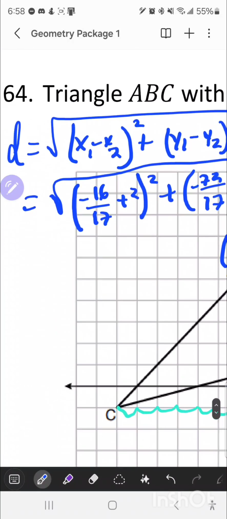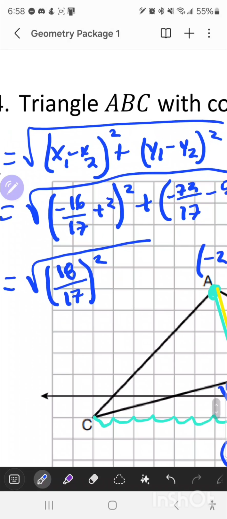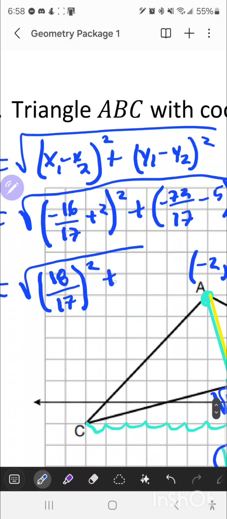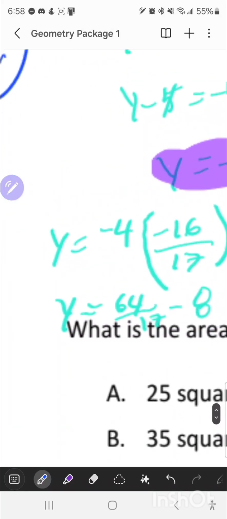So we add this together, and in this case, we got 18 over 17 squared, plus, now negative 72 minus 5.